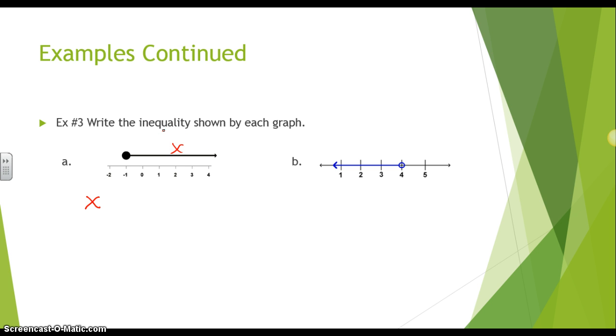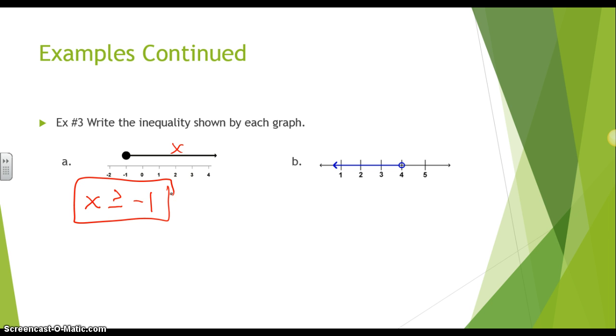So what is x representing? X is representing any number that is greater than or equal to negative 1. It's greater than or equal to negative 1 because we have a shaded in circle at negative 1. The variable, to make this inequality true, is greater than or equal to negative 1. So this would be the answer for A.